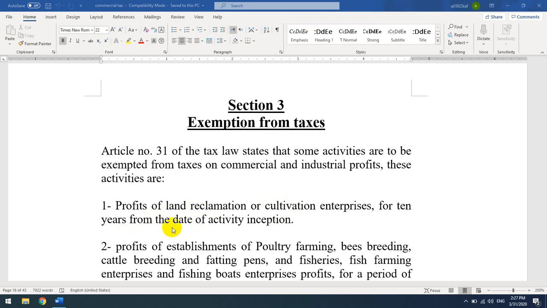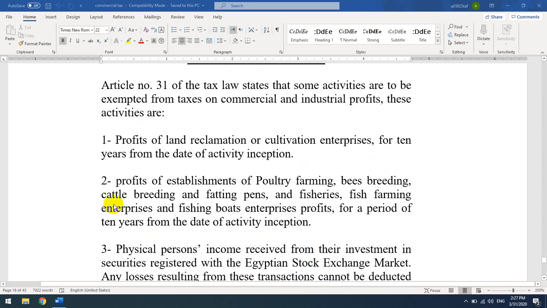Profits of land reclamation, profits of establishment of poultry farming, bees breeding, cattle breeding and fattening pens and fisheries, fish farming enterprises, fishing boats enterprise profit for a period of 10 years from the date of the activity inception.